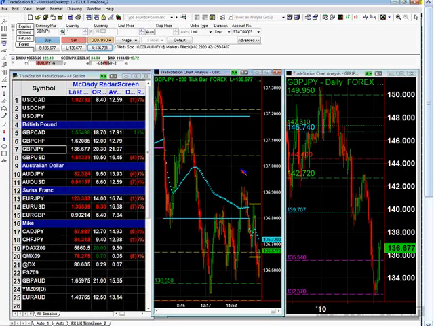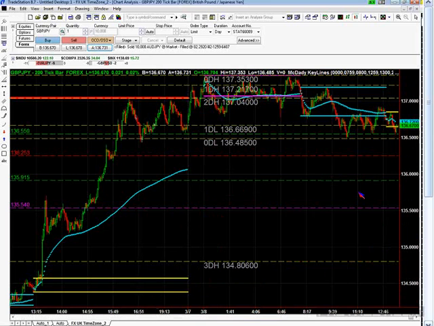How many times have you decided to go short and sell something, only to see the market turn around and start going up? And how many times did you decide based on the intraday chart that you wanted to go short, only to see the market turn around?